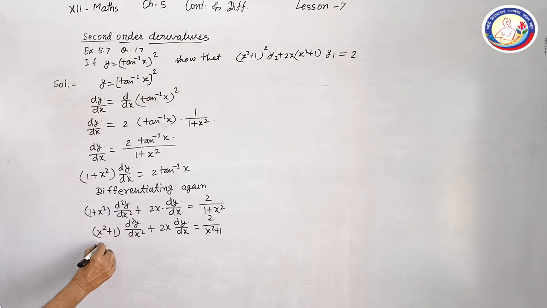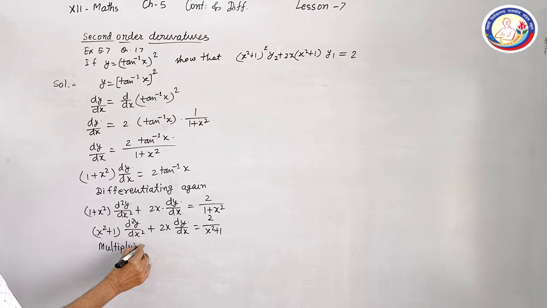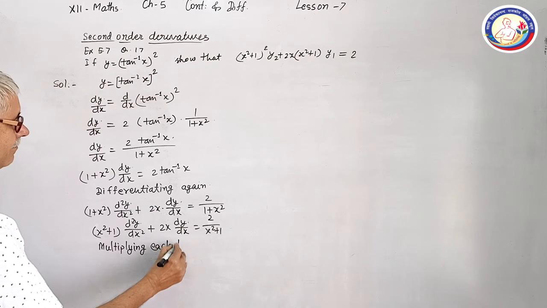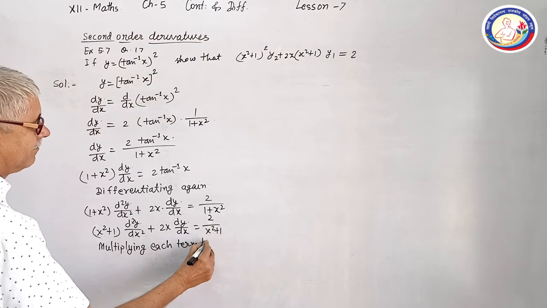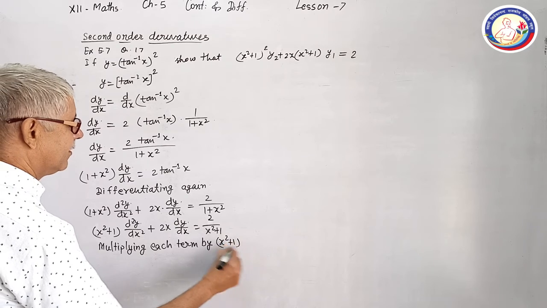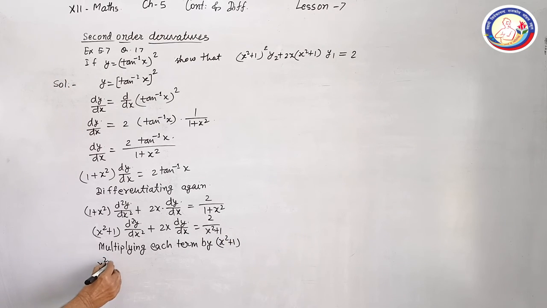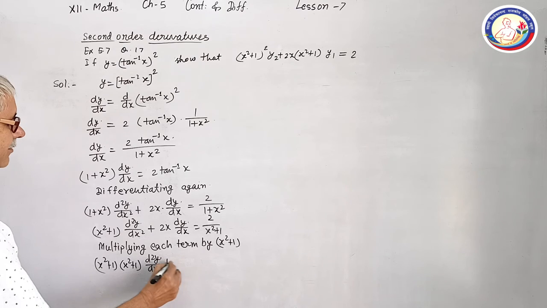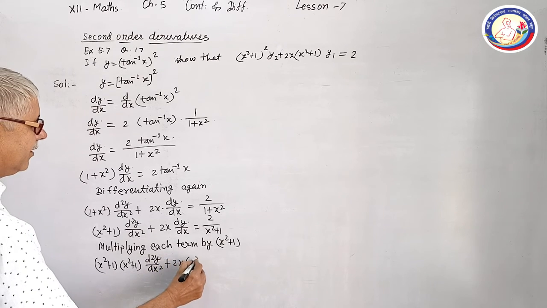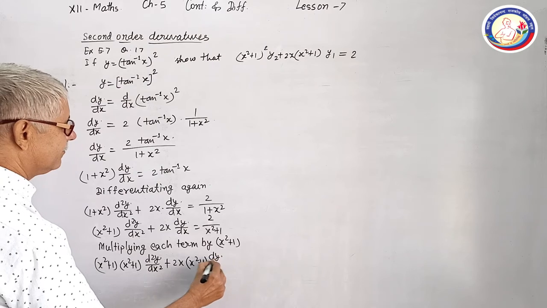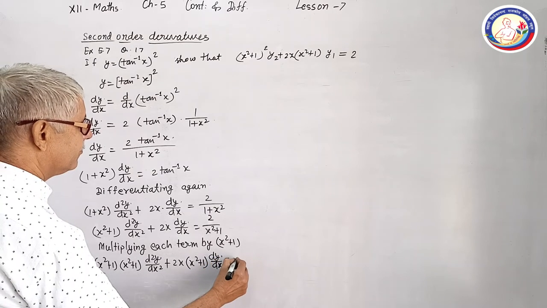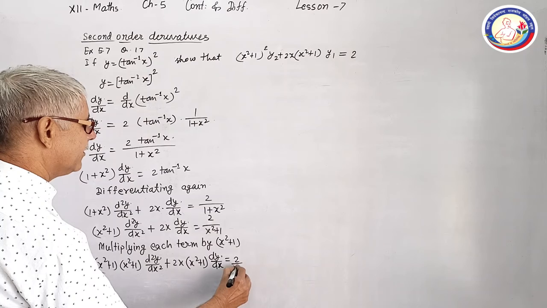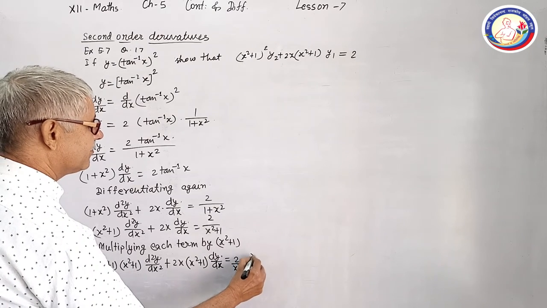So multiplying by x square plus 1, we will get x square plus 1 into x square plus 1 d2y by dx square, that is the second derivative, plus 2x into x square plus 1 first derivative, equal to 2 upon x square plus 1 into x square plus 1.